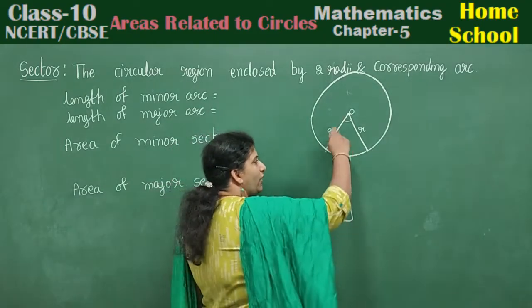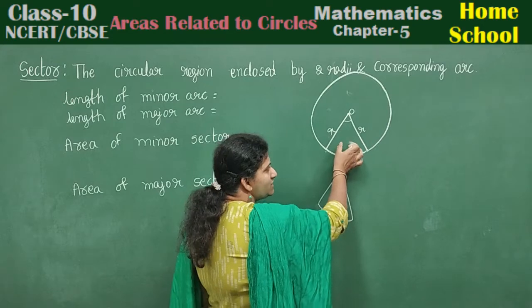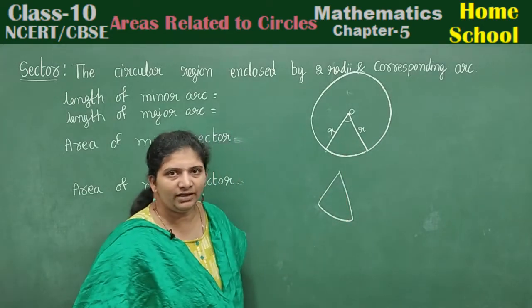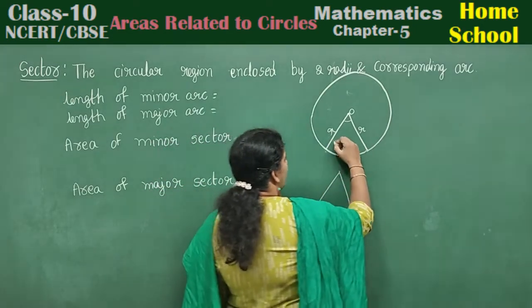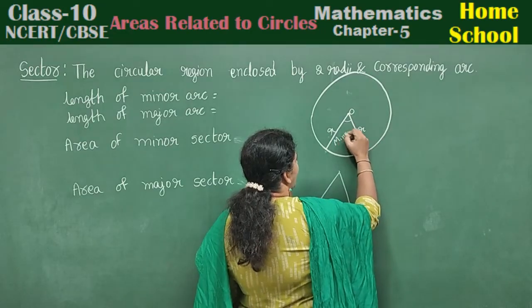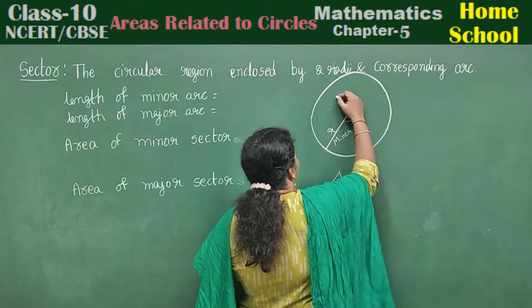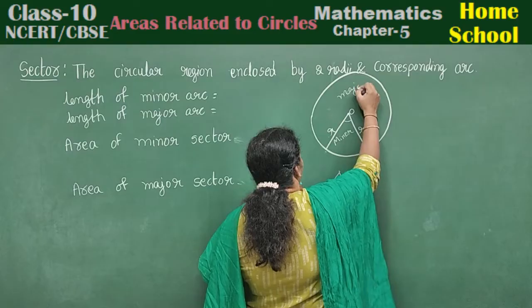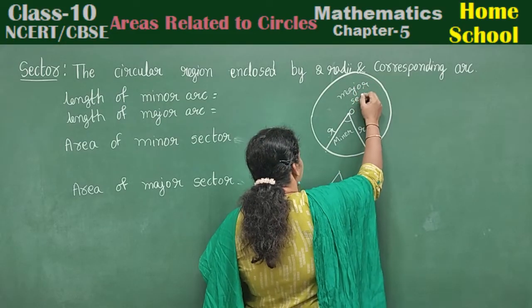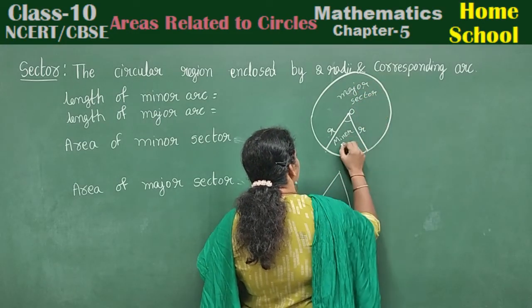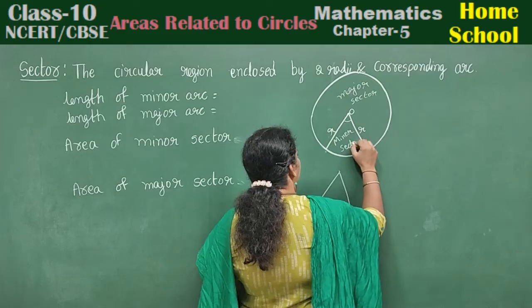Suppose I cut one piece, this is a very small piece, so I call it minor, and this is a big piece, major. Major sector and minor sector.